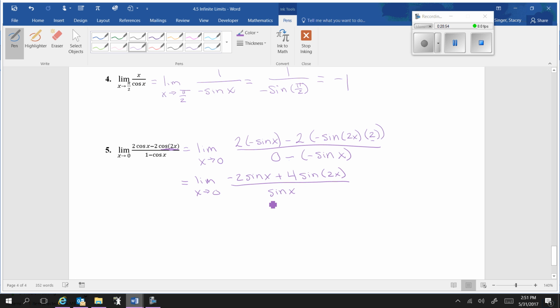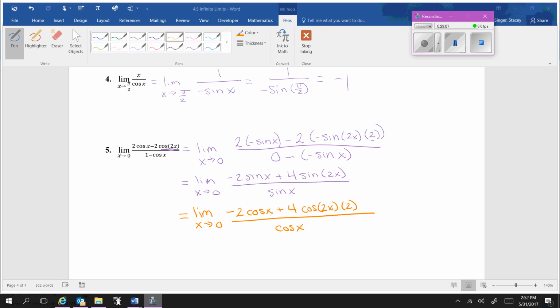So now I have to use my derivative again, because sine of 0 gives me 0, so that doesn't help. Then you do the derivative again and get negative 2 cosine of x plus 4 times cosine of 2x times 2, which you can multiply 4 and 2. But if I plug in 0 into my denominator, I'm not going to get 0.